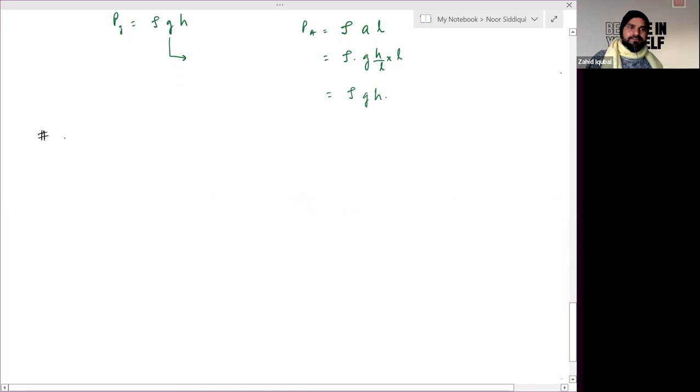Next is the U-shaped tube. Suppose you have a U-shaped tube like this.